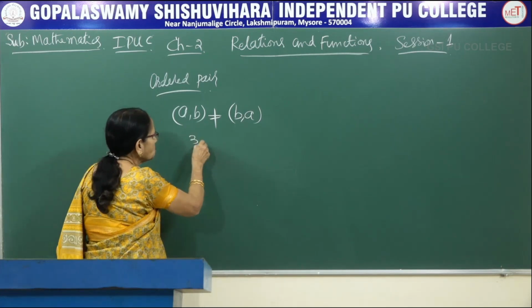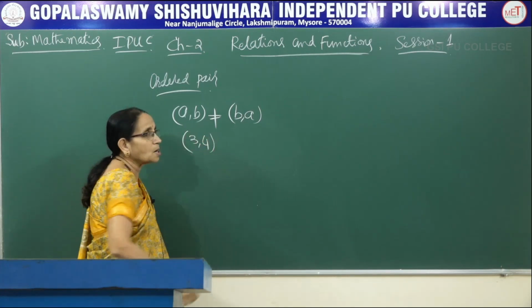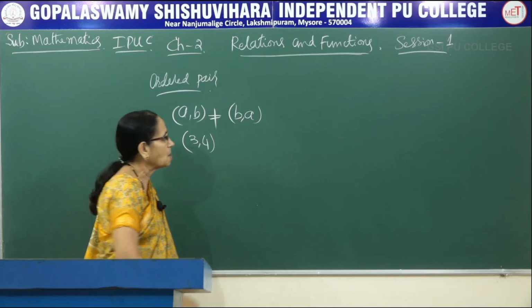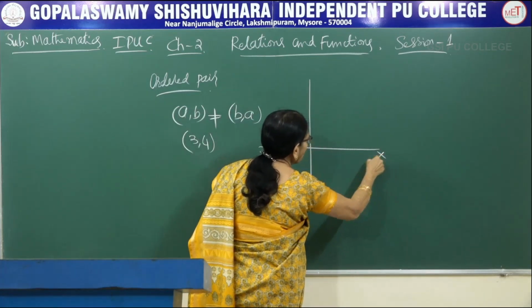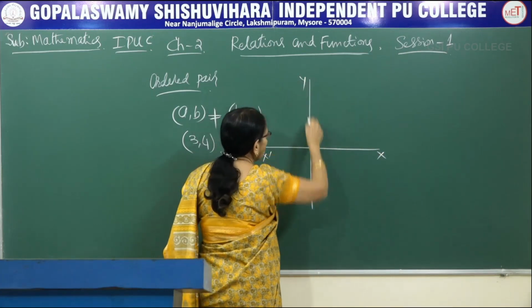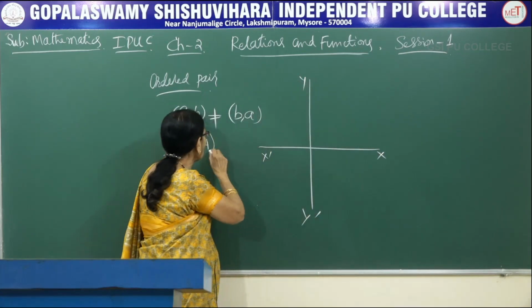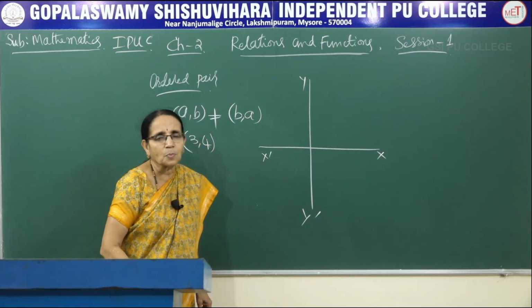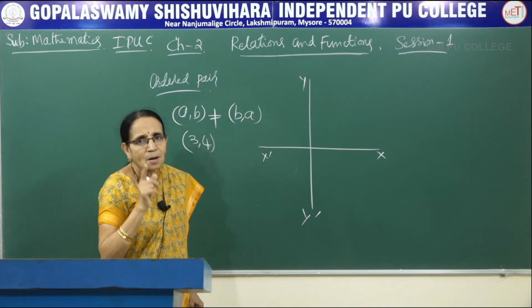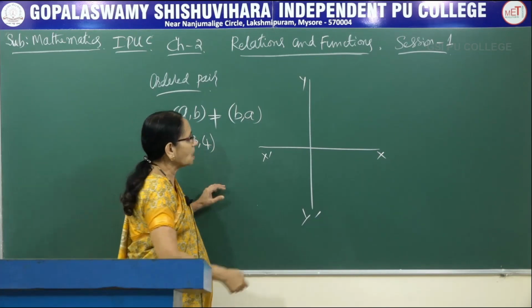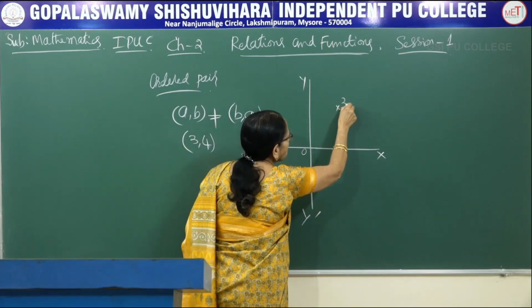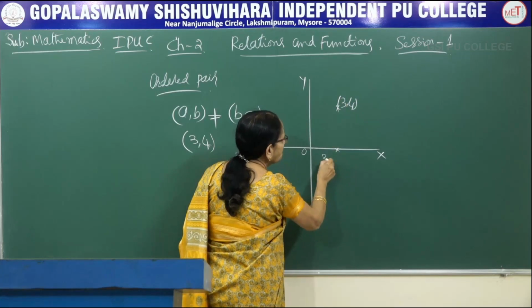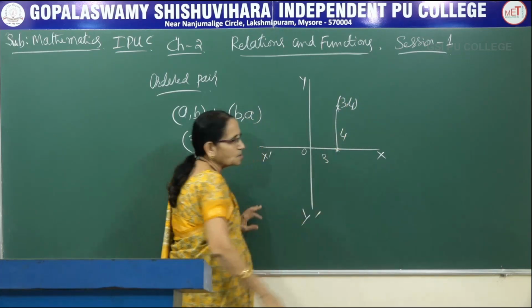Now, suppose you take a point whose coordinates are (3, 4). Let me represent it with the help of a diagram. You know that when both the coordinates are positive, the point lies in the first quadrant, correct? (3, 4): it is 1, 2, 3, and somewhere here 4. So this point is (3, 4). 3 units are here and 4 units are there.